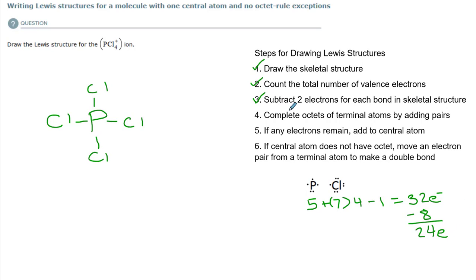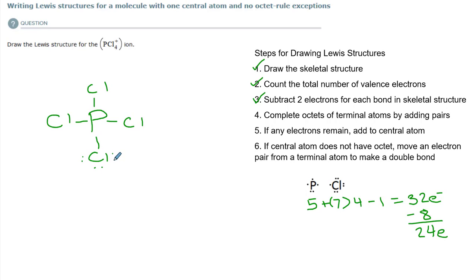Step 4, we're going to complete the octets of the terminal atoms, meaning those on the outside, by adding pairs. Every atom is going to want 8 electrons, except for hydrogen, which just wants 2, because they want to look like a noble gas. So chlorine currently has access to 2 in this bond, so it needs 6 more to get its octet. We're going to move them in pairs.